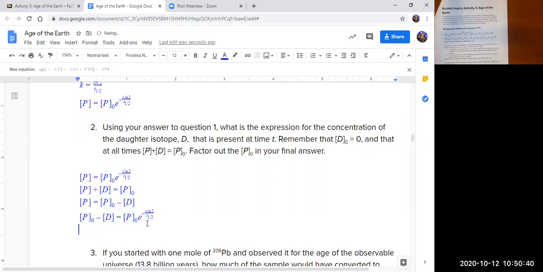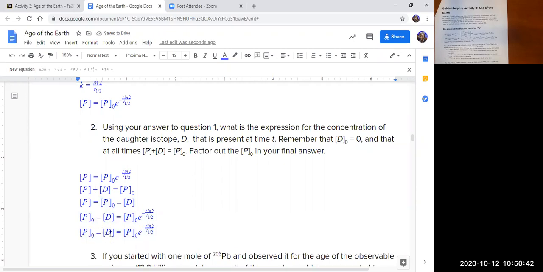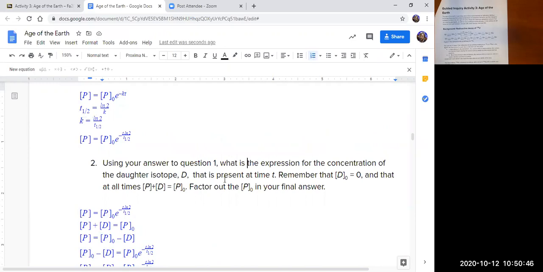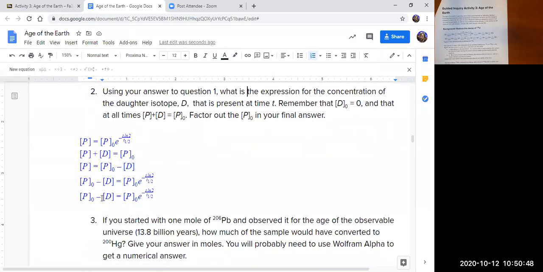Take that expression for the next step. We are trying to solve for this because it's asking us for an expression for the concentration of the daughter isotope. So let us subtract this from both sides. Let's multiply through by a -1.